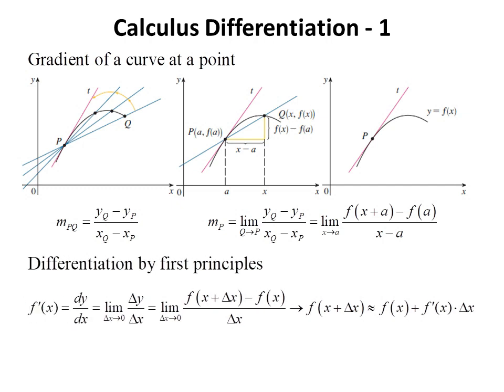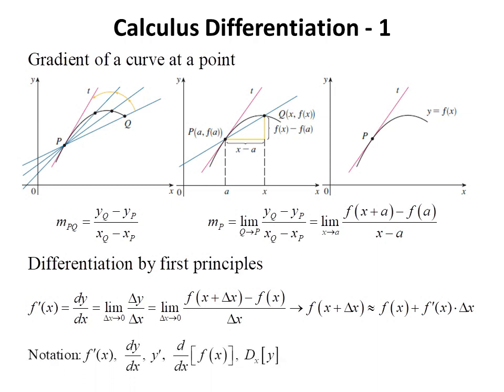This leads to the general expression of the differentiation by first principle. The derivative function f prime of x equals dy by dx, which can be written as the limit of delta y by delta x as delta x approaches 0, which equals the limit of f of x plus delta x minus f of x, all over delta x, as delta x approaches 0.